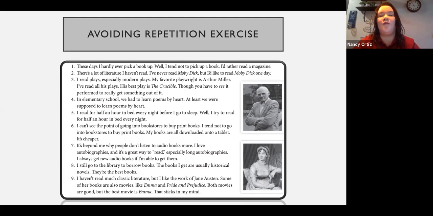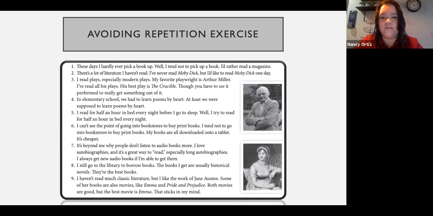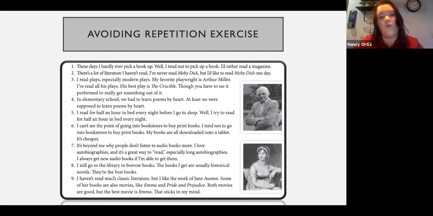So Alma, can you repeat just what you added, please? Yes, the first one is I read plays, especially modern ones. My favorite one is Arthur Miller. I've read all his plays. His best one is The Crucible. The best one, okay. So she's using one, ones, etc.